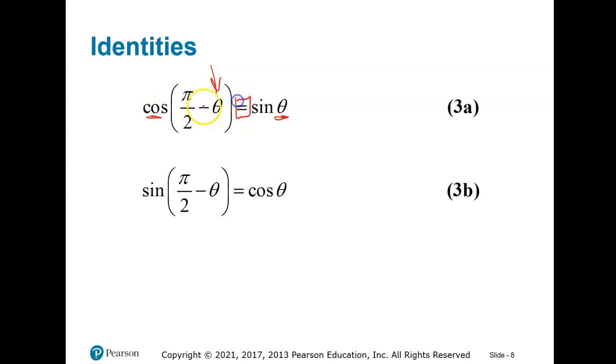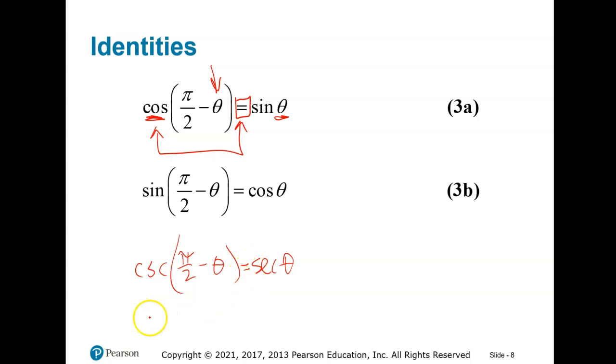It's equal if we take the cofunction of this. This would also be the same if this was secant theta and the cosecant of pi over 2 minus theta. And it would be the same if it were the tangent equal to the cotangent of theta. So these are all cofunction identities, and we can now show that they're true because we have the difference formula.